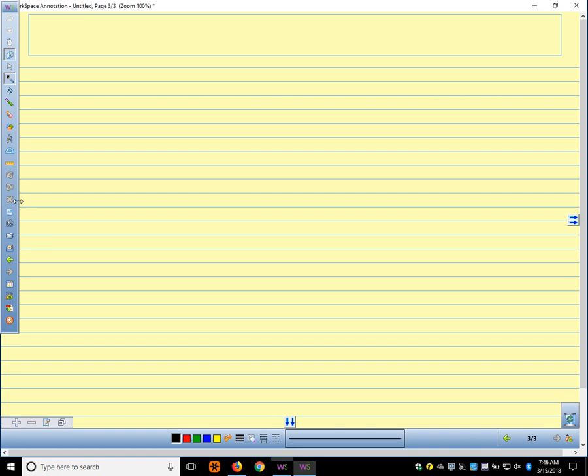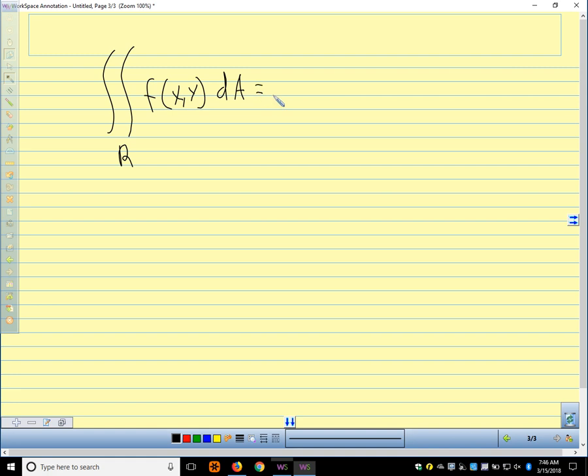And we get that the double integral over our region of f of xy dA, the volume of that solid bounded above by f of xy, bounded in the xy plane by that region, is approximately the sum i equals 1 to k of v sub i, where v sub i is given by that long expression.